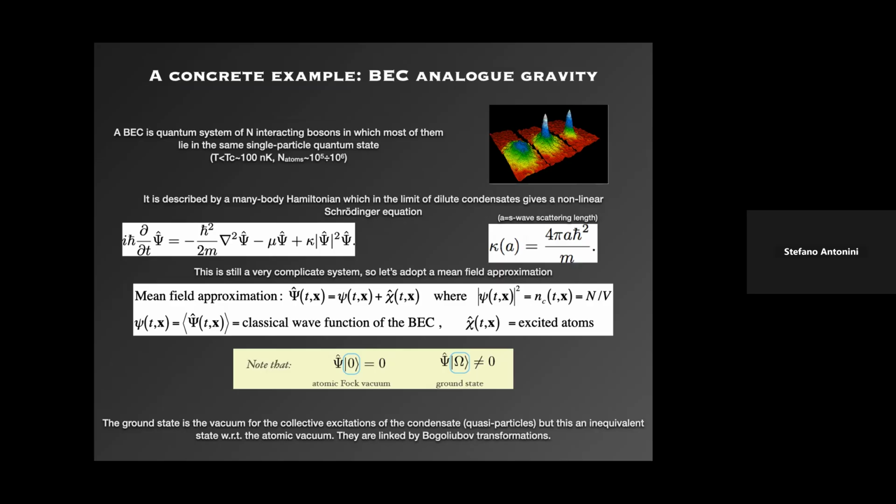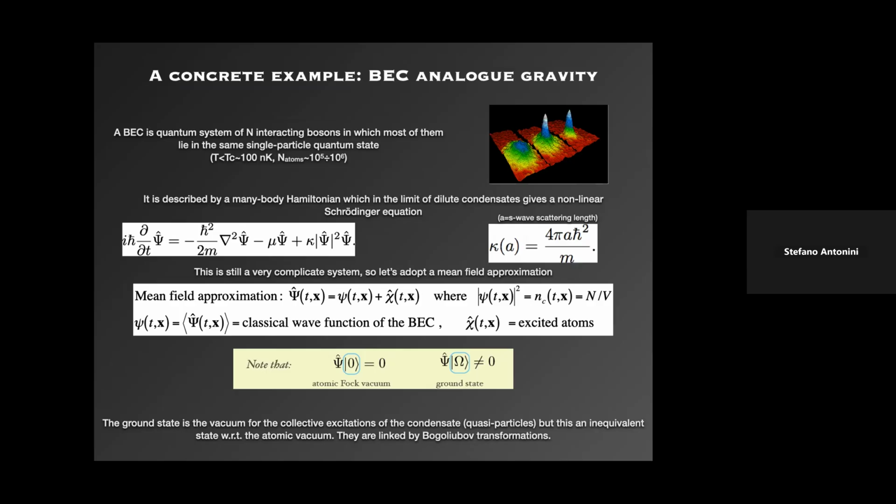And they are systems where you can do this Bogoliubov approximation, where basically you express the operators that create and destroy atoms in your system as a mean field, which is the expectation value on the ground state, the mostly populated one, the one of the condensation, plus excitation. And it's important to keep in mind that this object creates and destroys atoms, but it's different from what you call phonons, the collective excitations.